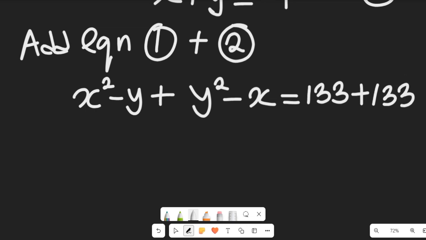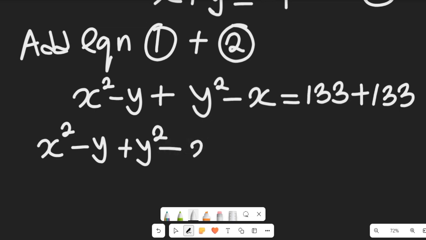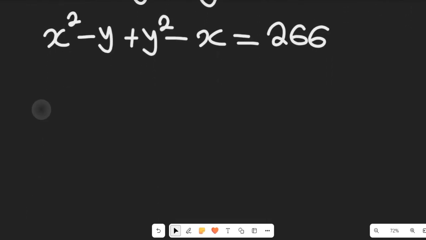And then this is going to give us x squared minus y plus y squared minus x equal to 266.